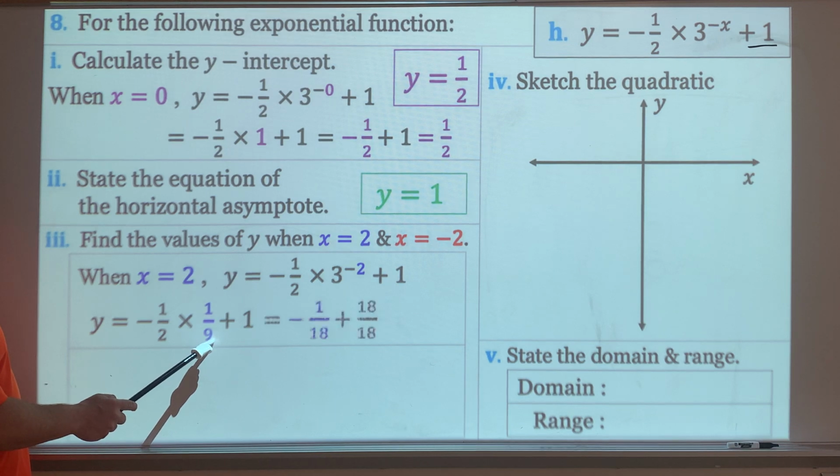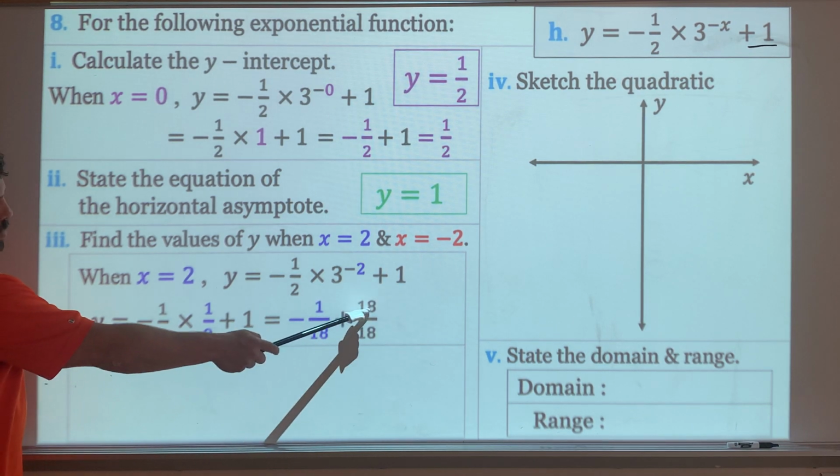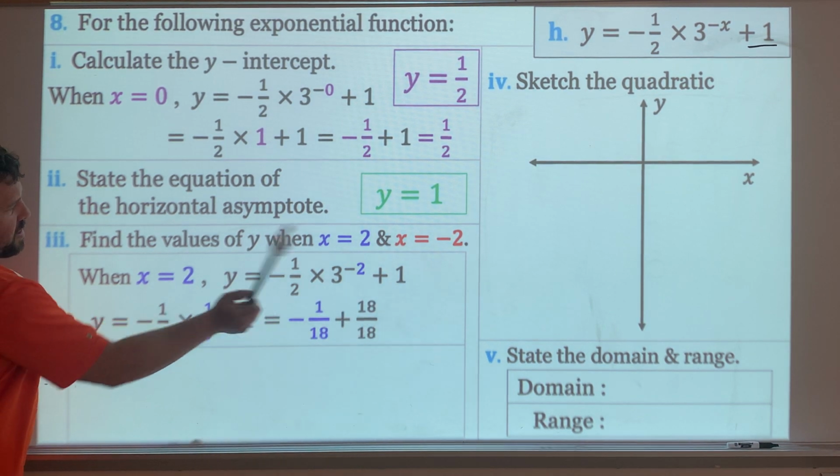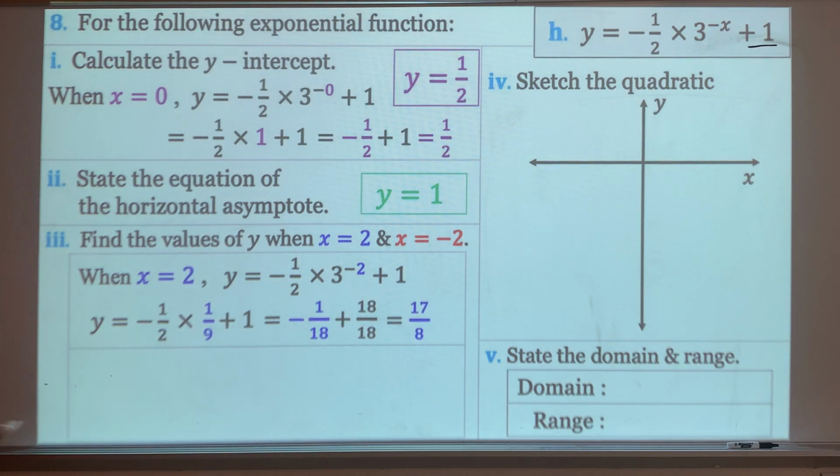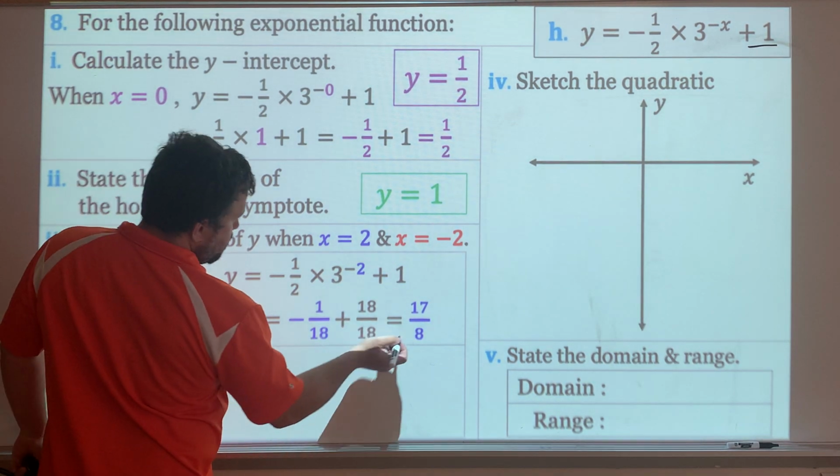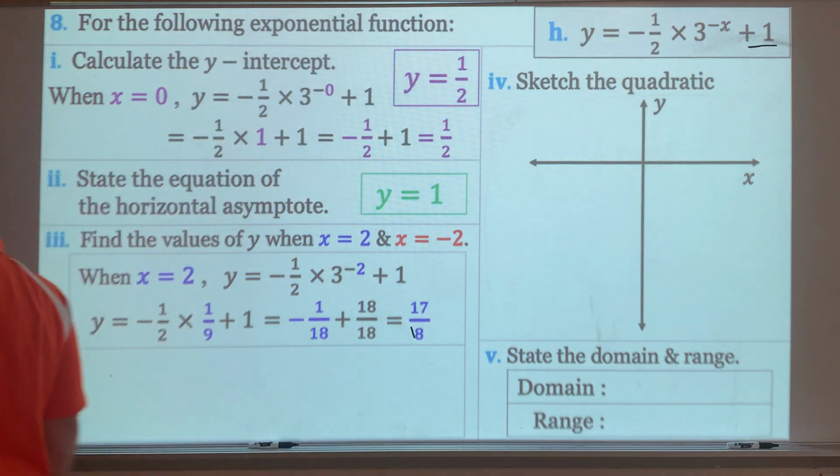So it's negative 1 over 18 plus 1 or plus 18 over 18. 17 over 18. Right? Just forgot my 1. Next one. Any questions yet?